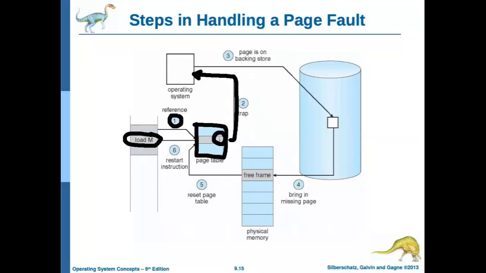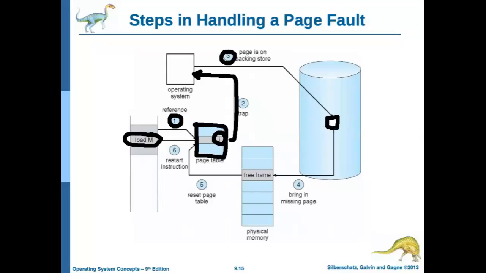From that it will find that the flag is set to I, meaning invalid, the page is not in memory. The memory management unit will send a trap interrupt to the operating system. So step number 3 is that the operating system will locate the page in the backing store. For example, that page is available here on the backing store.